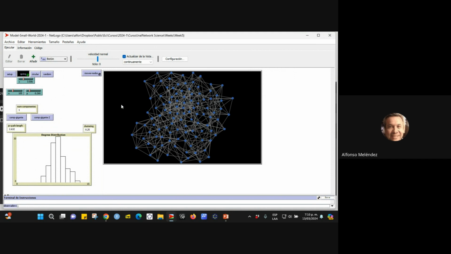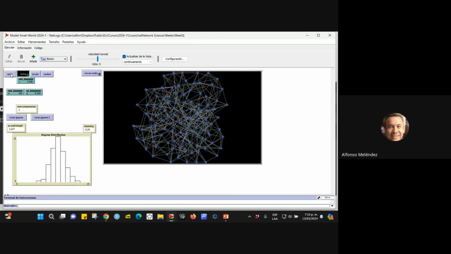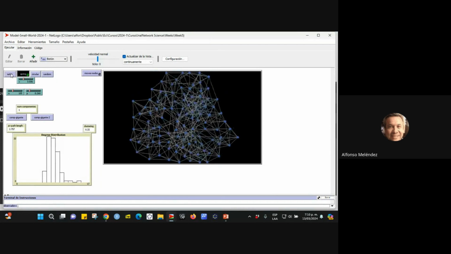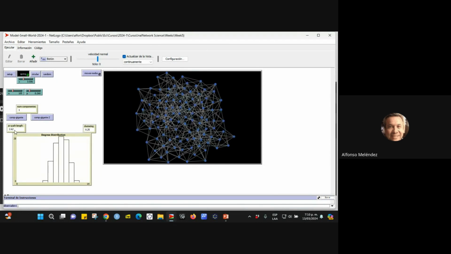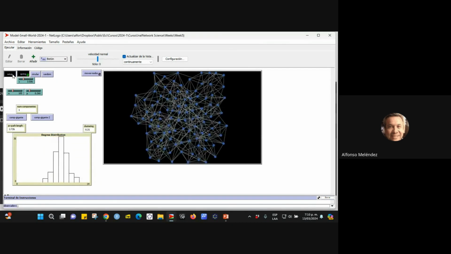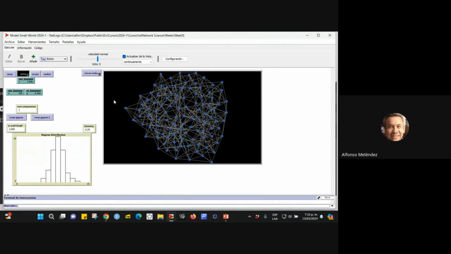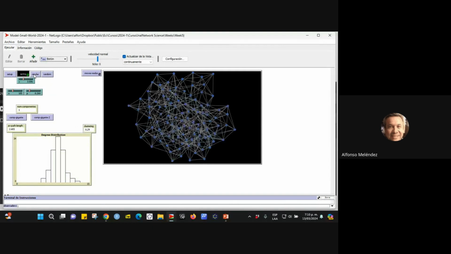Okay, this is it. Let's see another. This is another, and look, path length 2.6, clustering 0.25. So this is typical. No hubs, no hubs.